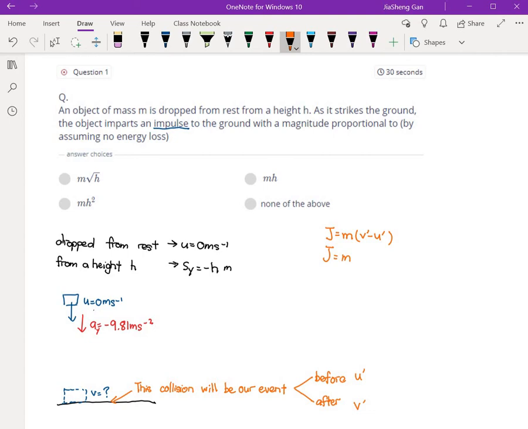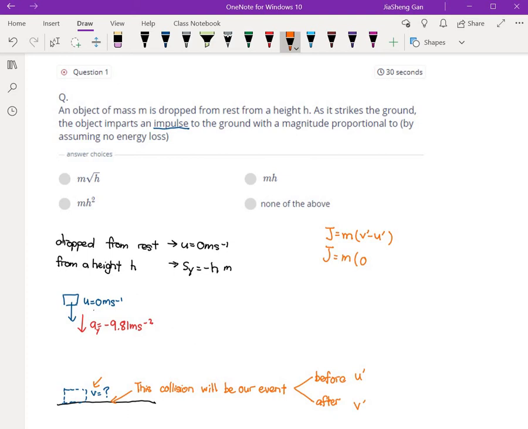So once it hits the floor, the final velocity will be 0, whereas the initial velocity, which is the velocity before it hits the ground, will be the final velocity of the free fall when it nearly hits the ground, before it collides with the ground.